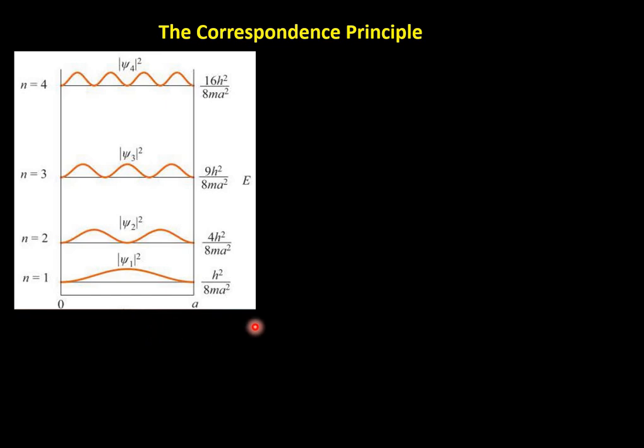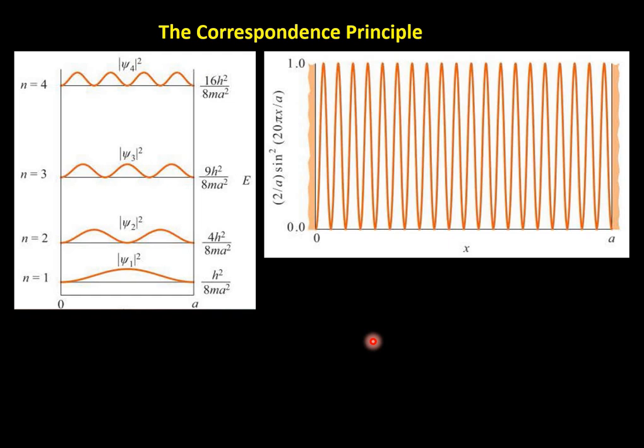But the question is, is there any condition or situation where these quantum results and classical results converge or merge together, and tend to be the same? The answer is given by the correspondence principle, and here it is for n equal to 20.